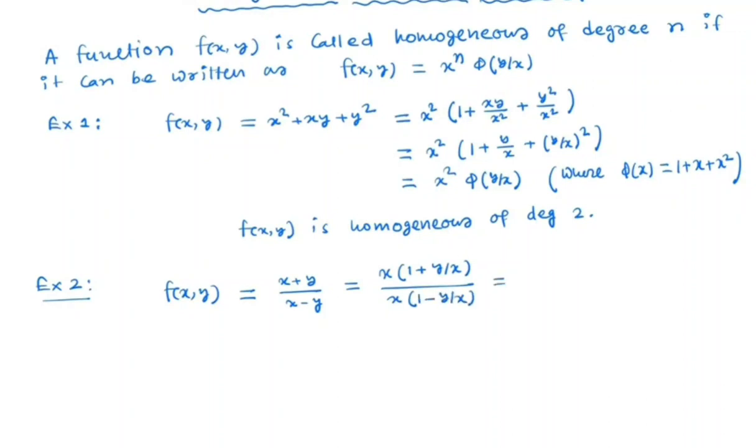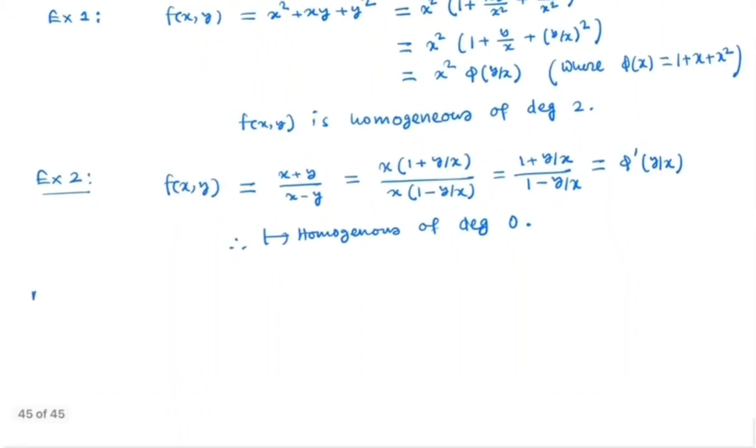Cancelling both x, we have (1 plus y by x) by (1 minus y by x). So we can write it as some phi of y by x. So here also f(x,y) is homogeneous of degree 0.